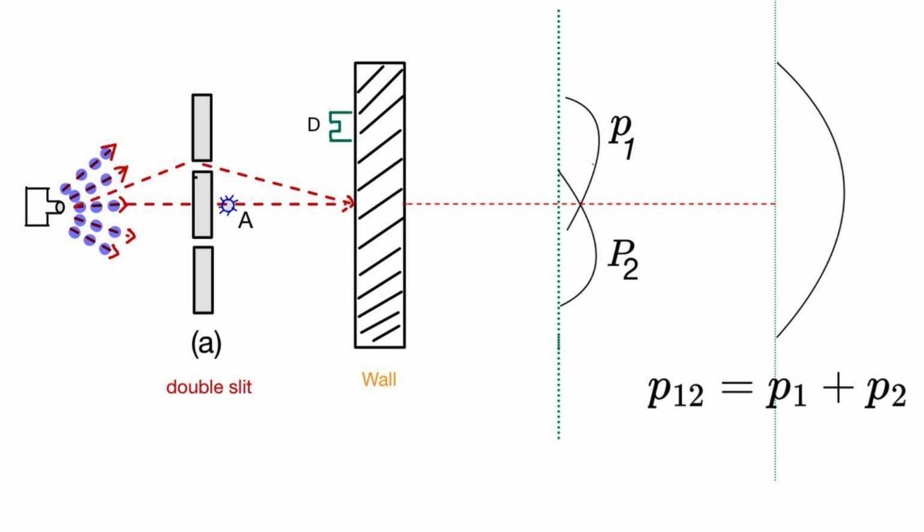In the same experimental setup, we add a very strong light source behind the slit, and we know that electric charge scatters light. So when an electron passes, it scatters some light, and we detect which hole it comes from.